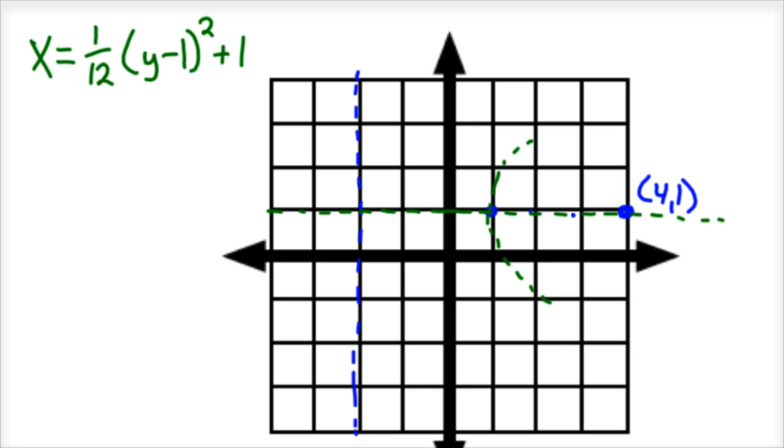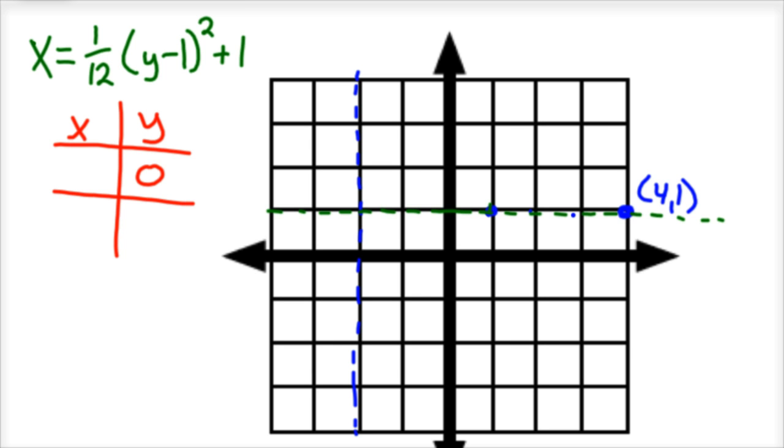And so we could go ahead and put a 0 in for y, because whatever point this is, that would be 0. So for the y value, we don't know what the x value is. So I'll make a table, x and y, and I'm going to put a 0 in for y.